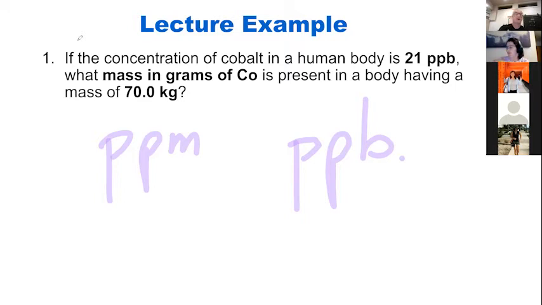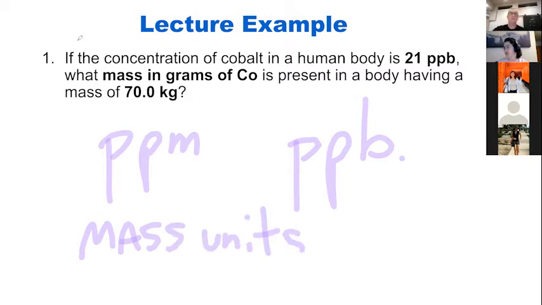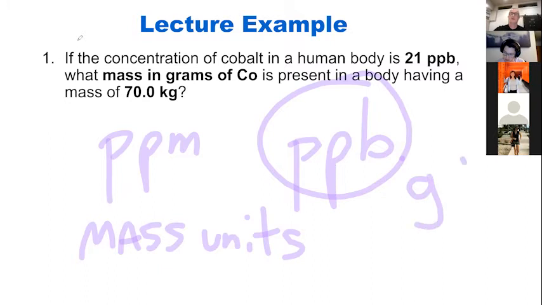So those are all mass units when we talk about ppm and ppb. Like for instance, if we're talking about the amount of lead in drinking water in Flint, Michigan, we're talking about parts per billion. We're talking about grams of lead in grams of solution.